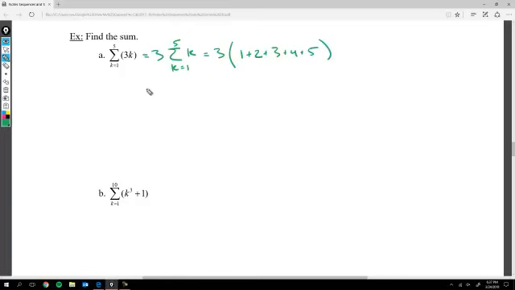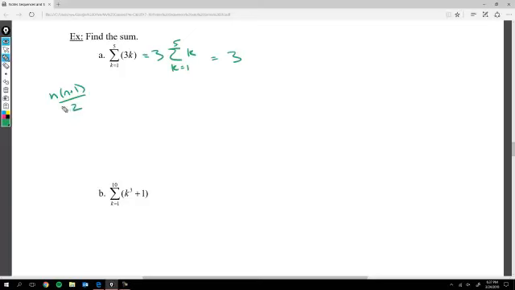Alternatively, you could instead use the formulas that we have above. Okay, so the 3 is just chilling, it's in front. But the sum of a linear, so just k, is the same thing as n times n plus 1 over 2.